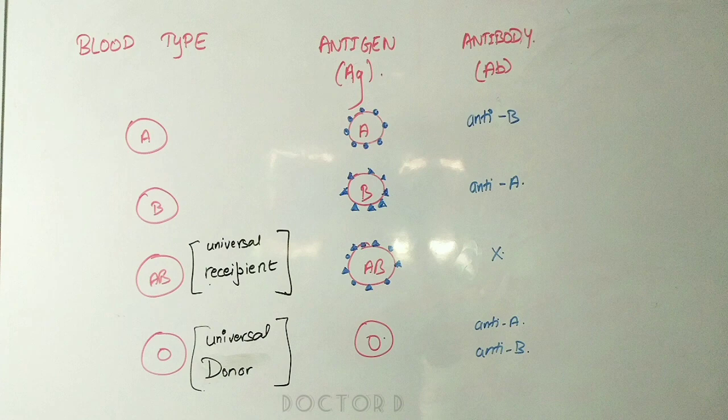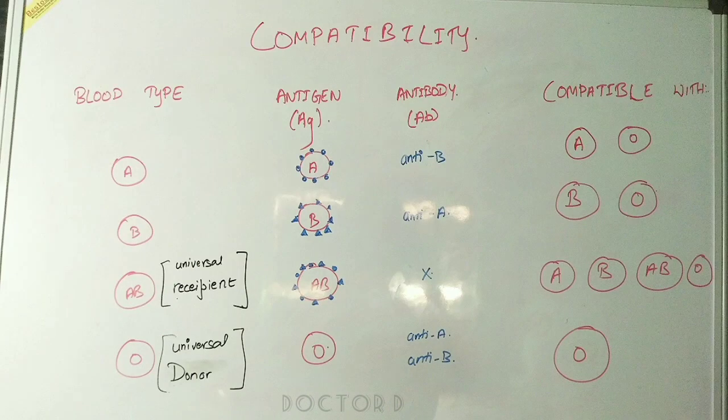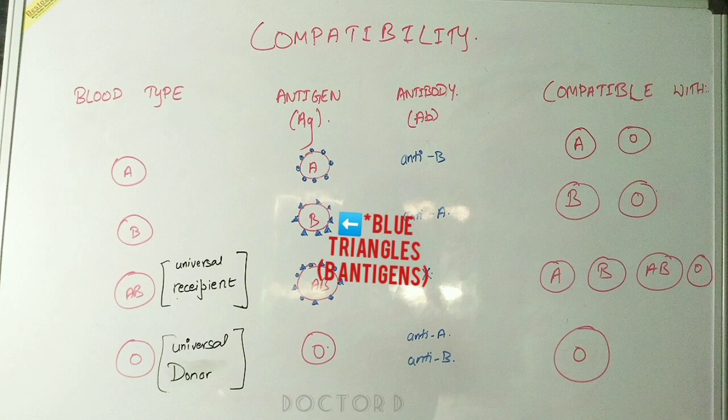In this table, we can see that a person with A blood group has antigen A, represented by blue circles on the surface of RBC, and antibody B. So it is compatible with blood group A and O. A person with B blood group has B antigen, represented by blue triangles on the surface of RBC, and has anti-A antibodies in the plasma and is compatible with blood group B and O. Similarly, AB has both A and B antigen.